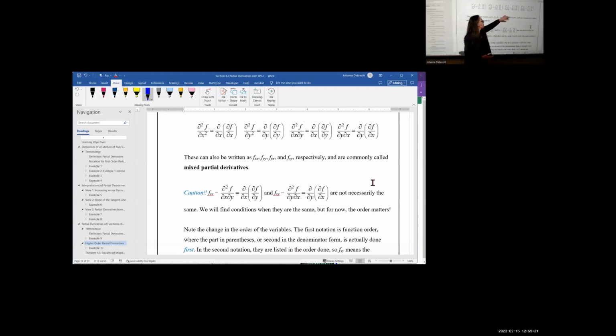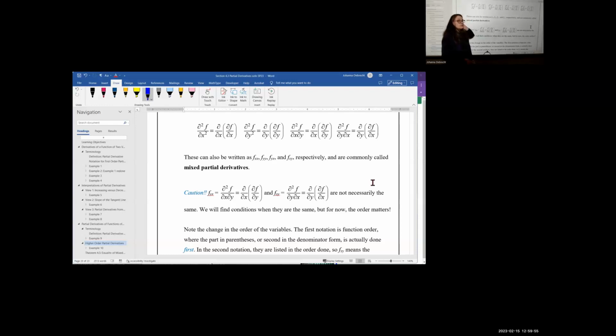There are understood parentheses here where the partial was done with respect to y first, even though it's written second, and then the partial with respect to x. So you interpret this as the partial with respect to x after you've done the partial with respect to y, which is not necessarily the same thing as the partial with respect to y after the partial with respect to x.